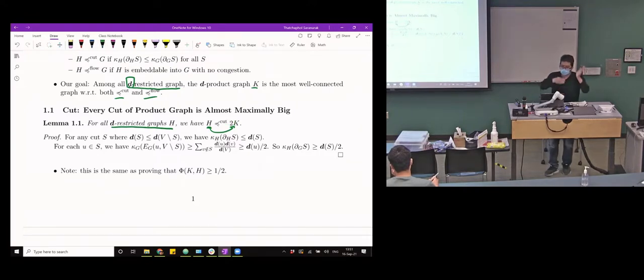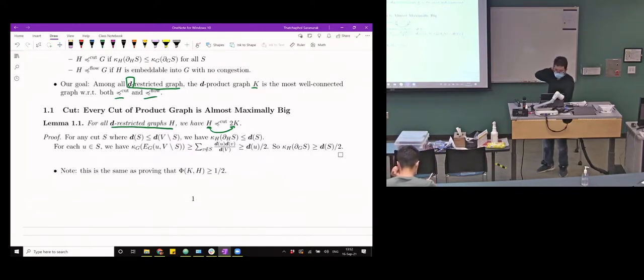Basically every graph is less than K, as long as its degree is D-restricted. If some graph is not D-restricted, it doesn't make sense to compare them, because a graph with much larger degree can't be smaller than K. But as long as you look at this class of D-restricted graphs, K is the biggest one.